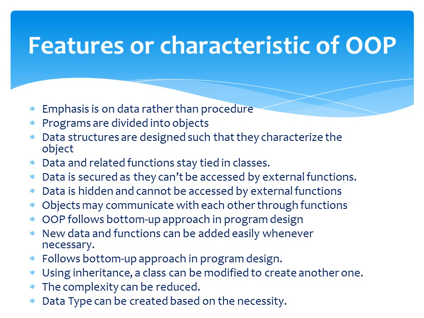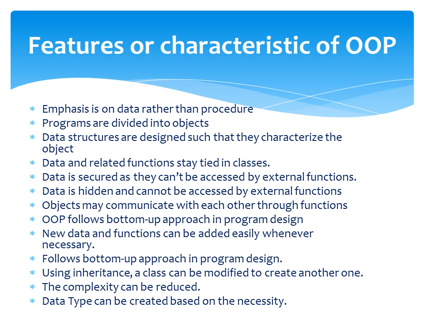Next, the complexity can be reduced. Now, since a complex system is divided into modules, and these modules are built independently, and they are tried and tested as well, and then combined to form the system, it reduces the complexity.